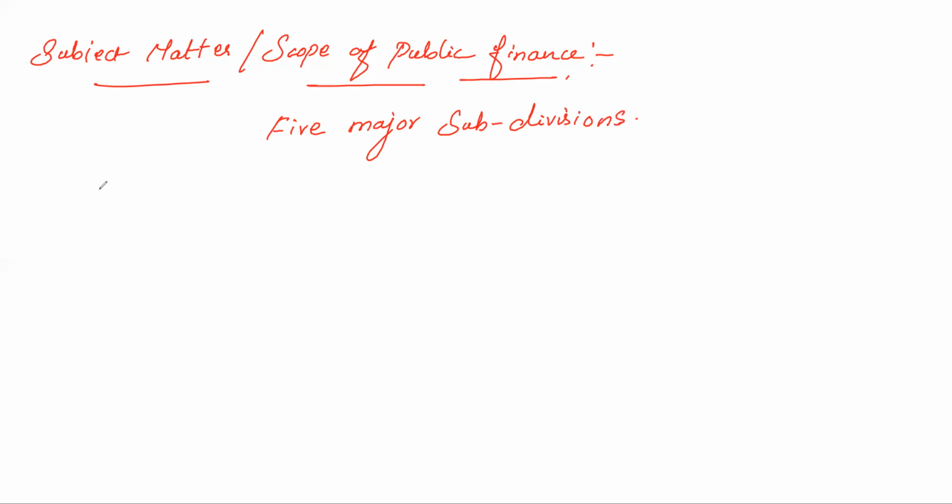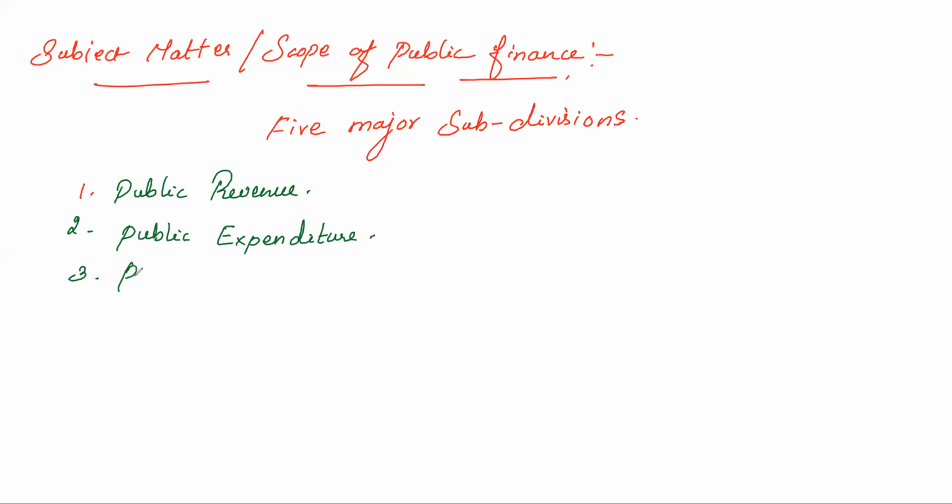The first one is public revenue. Second, public expenditure. Third, public debt.